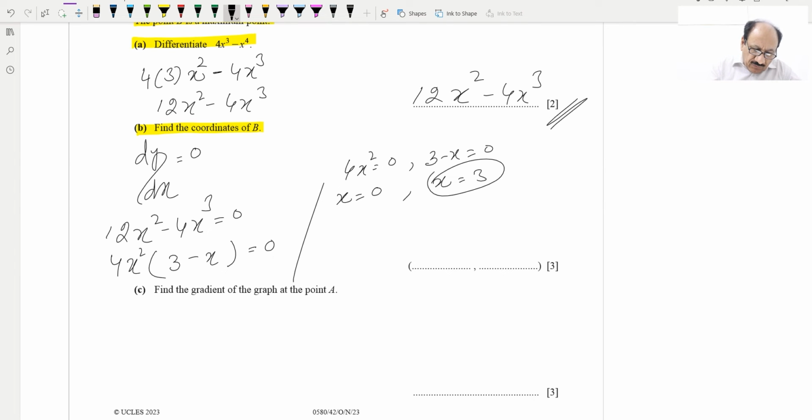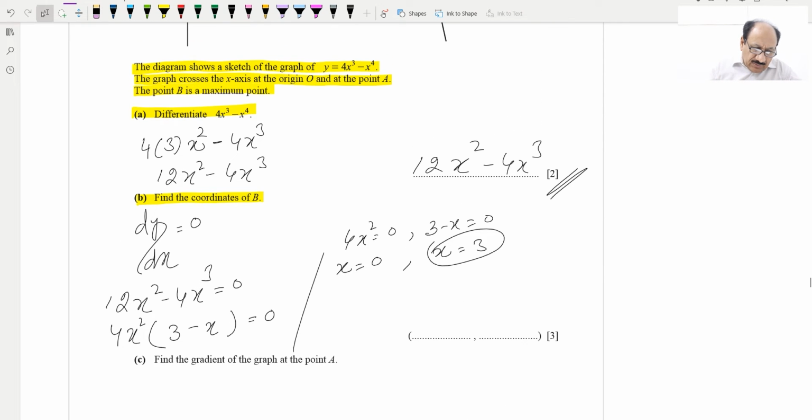So we take x is equal to 3 and replace it in the given equation, which is this one.